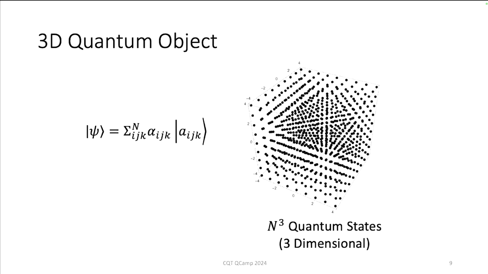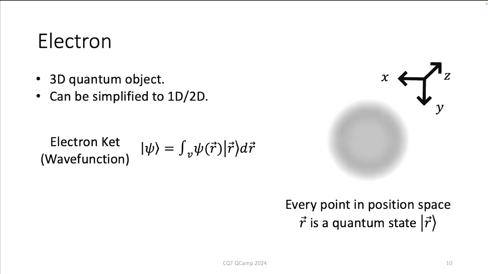So essentially, if we were to generalize this to infinite states, meaning every single point is a quantum state, then that is basically a description of an electron. The electron is basically a 3D quantum object where every single point in space is a quantum state, the superposition of all these position states in this space.